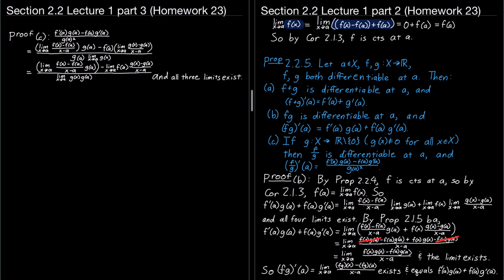Then we combine the top two, the sum of the top two. Let's leave the denominator alone for just a moment. And then we've got f of x. I'm going to go ahead and move the g of a in.